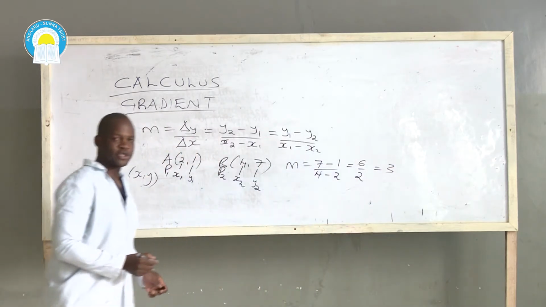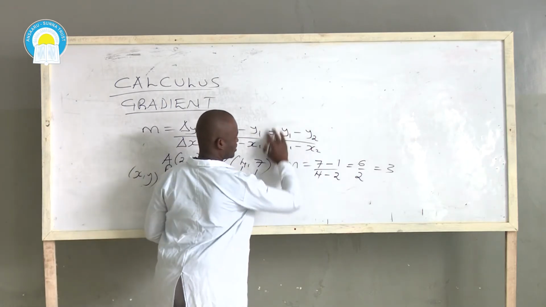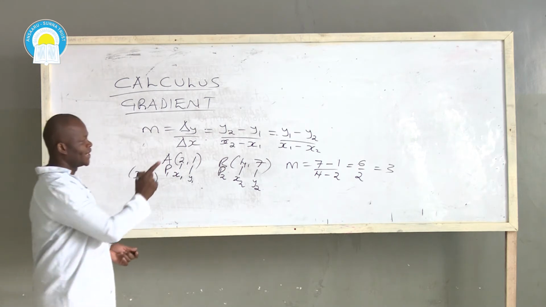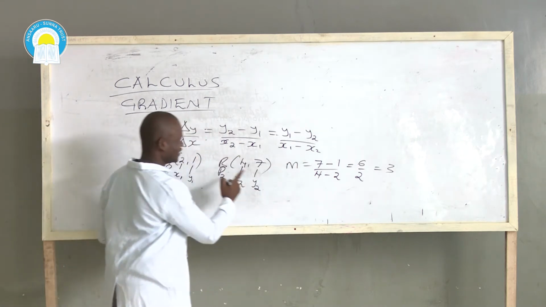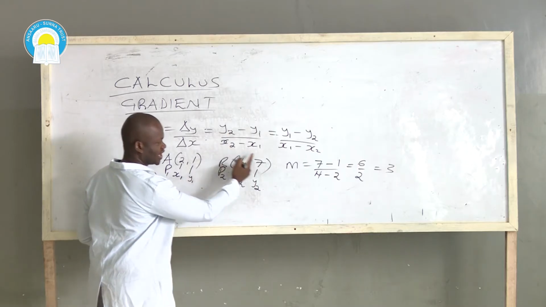Now, what if somebody decided to use the other portion of the formula? How should they go about it? We are saying maintain consistency. Here we began with y2, so we had to begin with x2.